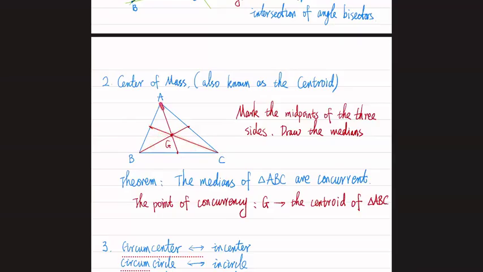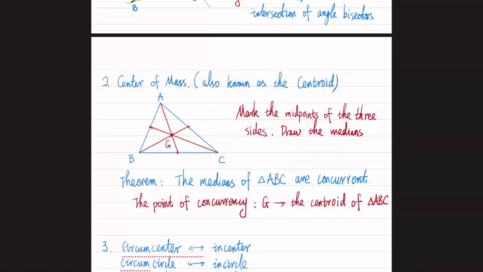By the same argument, this median also partitions the line in the ratio 2 to 1. So both partitions have the same ratio. So the intersection points, this one and this one, must be the same. So they intersect at the same point.